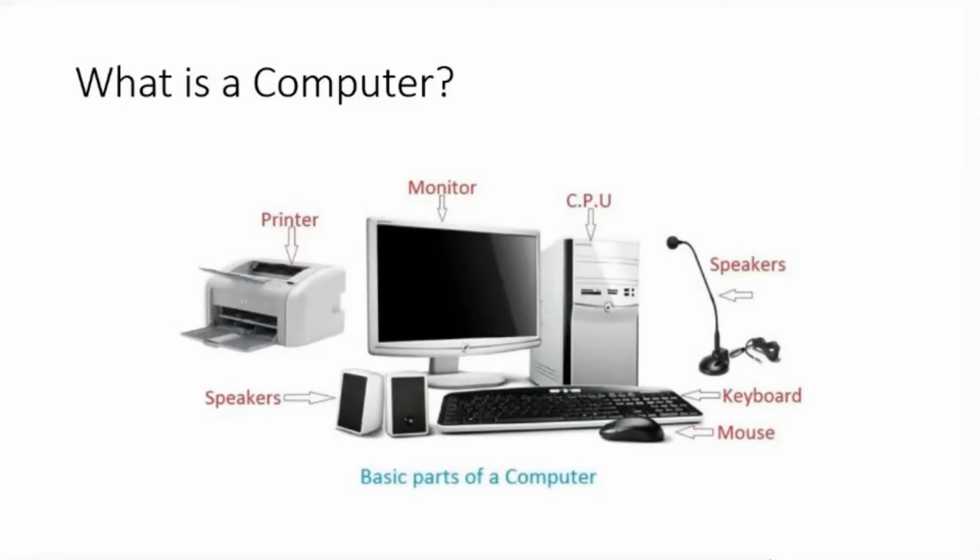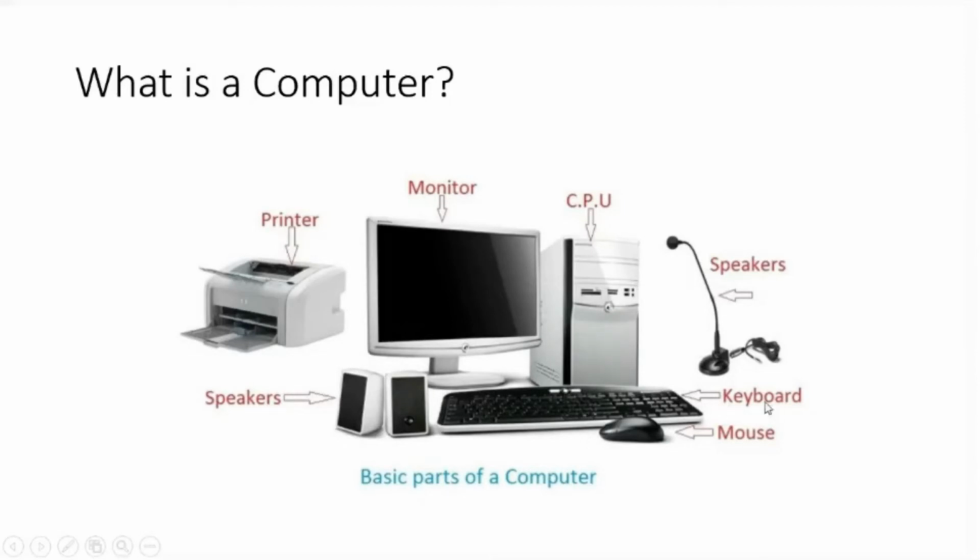This is a typical basic computer system along with a printer, speaker, etc. These are the basic parts of a computer. In this case, the input devices are there, the output devices are there, and the processing device is also there. The speakers are output devices.